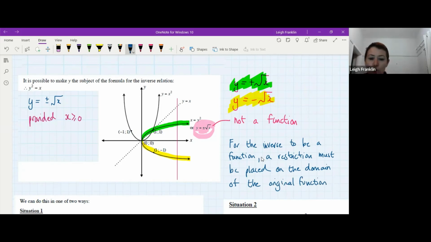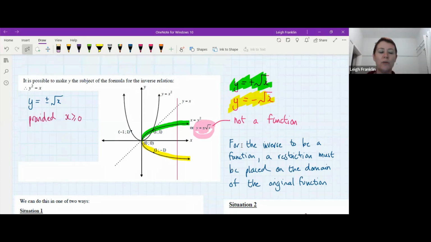Okay, so when we place a restriction on the domain of the original function, what we are doing is that we are looking at one arm of the parabola that is in the quadrant where X is negative, the second quadrant, and the other arm of the parabola that's in the quadrant where X is positive.